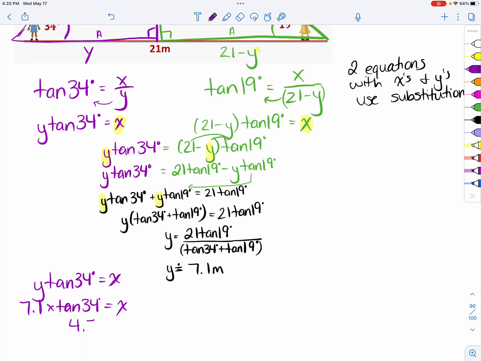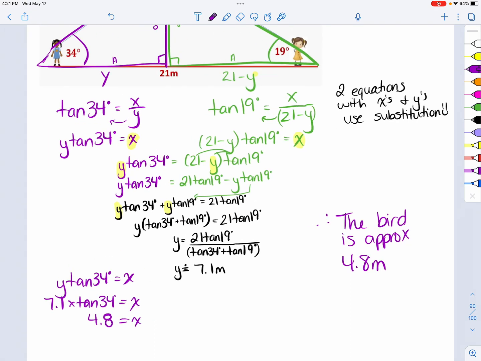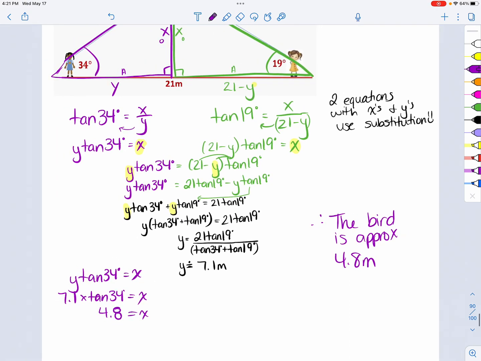I get the height of the bird to be approximately 4.8 meters. So again, if you need to, just pause the video here, look over those steps until you understand.